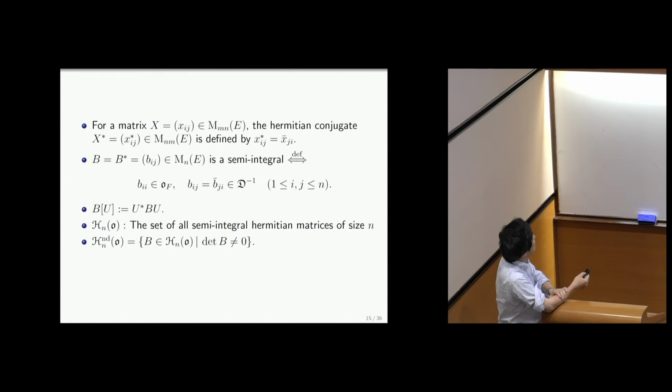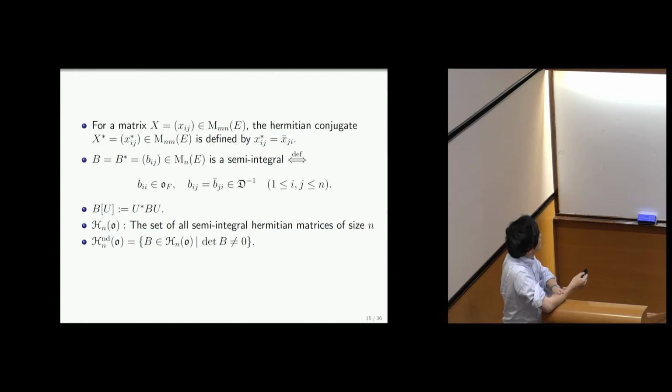Okay. Now for a matrix X with entries in E, the Hermitian conjugate is defined by x star ij is x bar ji. This is the usual definition.